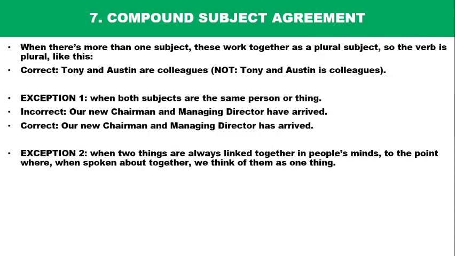Let's look at another exception. When two things are always linked together in people's minds to the point where, when spoken about together, we think of them as one thing.